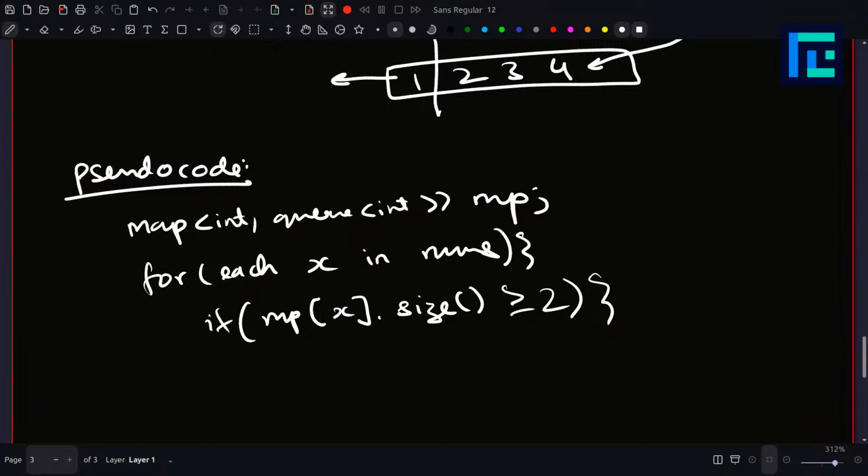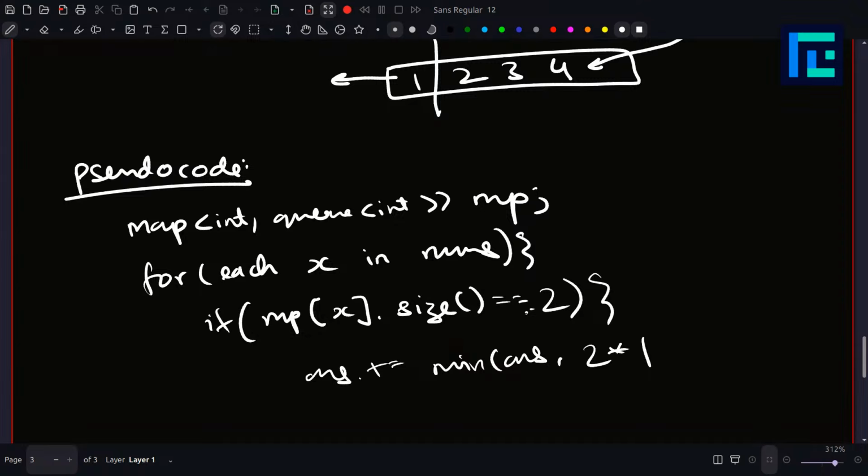If map of x dot size is greater than or equal to 2, then, let's keep it equal to 2 actually, then we can pair it with the first one. So we can do something like this: ans will be updated with min of ans, comma, 2 times this distance.